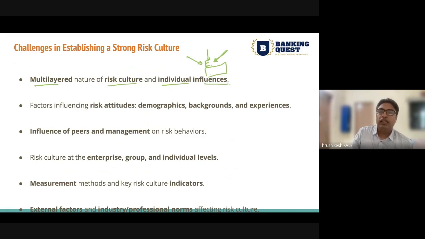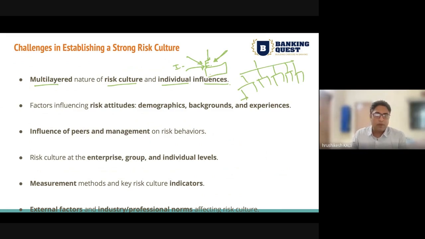And then there is a fourth person who has a lot of influence on this person, and he might ask him to do something else. Basically, this should not happen. There should be a clear-cut hierarchical structure, and depending upon that structure, the person needs to escalate the process. Factors influencing risk attitude: demographic background and experiences.